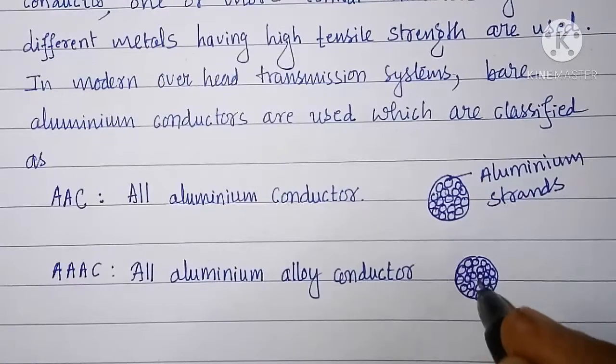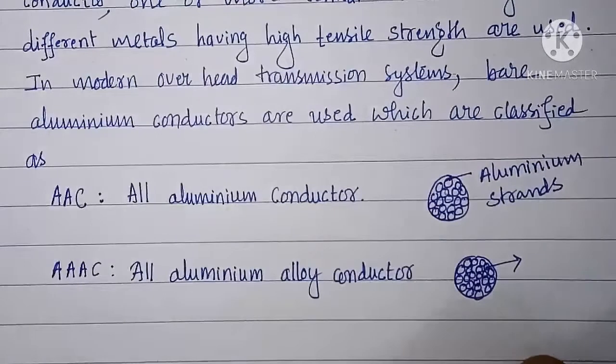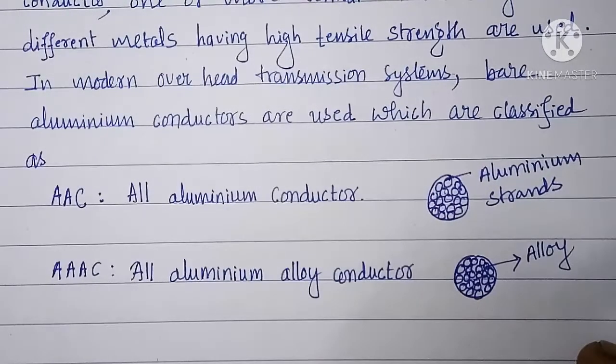I hope you all know what is an alloy. Alloy is a homogeneous mixture of two or more than two metals or metal and non-metal.